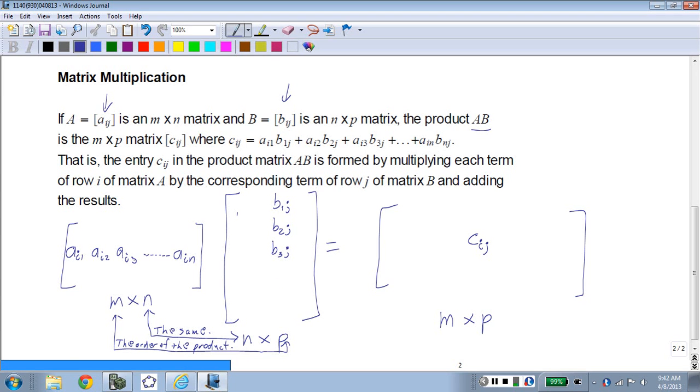And then all the way down, this particular matrix has n rows. It's an n by p matrix, n rows. So the entry in the bottom row, row n, and column J is denoted by B sub n J.